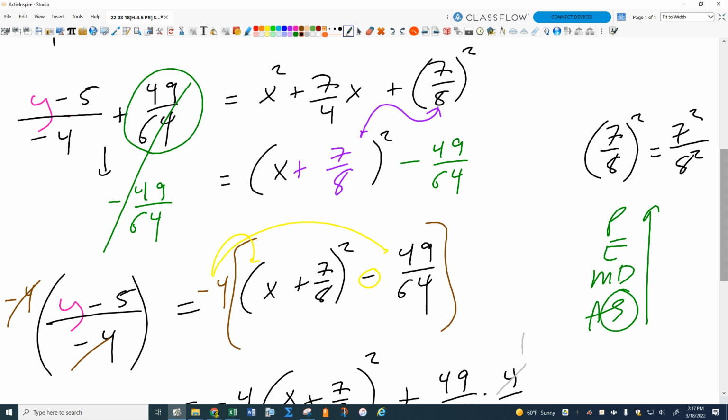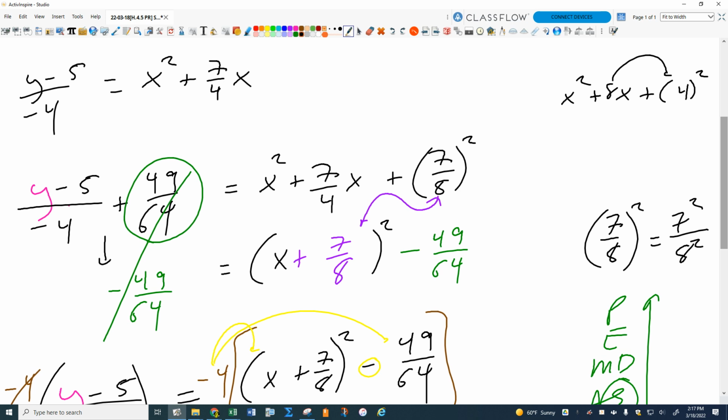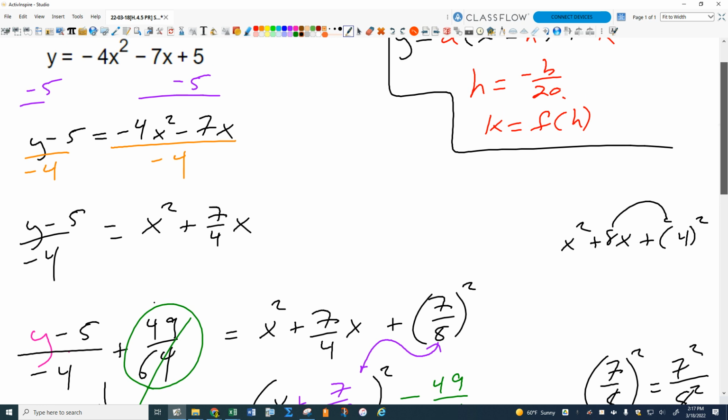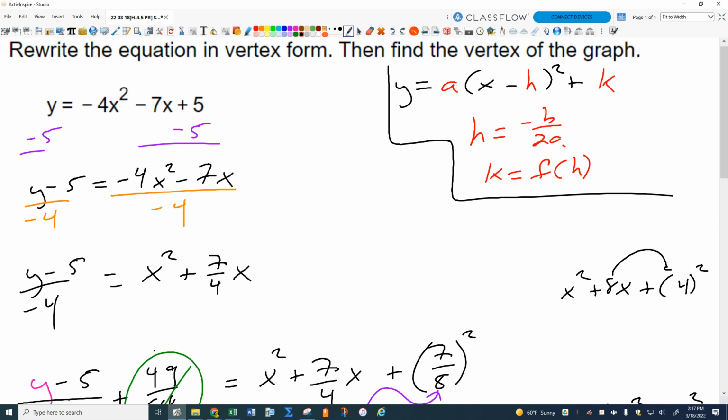Next thing I did was multiply by -4. How come? Because the previous step is where I divided both sides by -4, right? And then finally, my last step was I added 5 to both sides. How come? Because my first original step was to subtract 5 from both sides. So I just undid everything in reverse order then to get the y by itself.